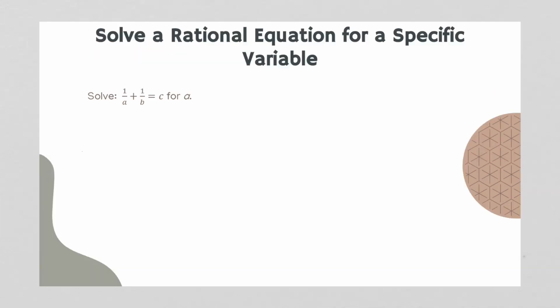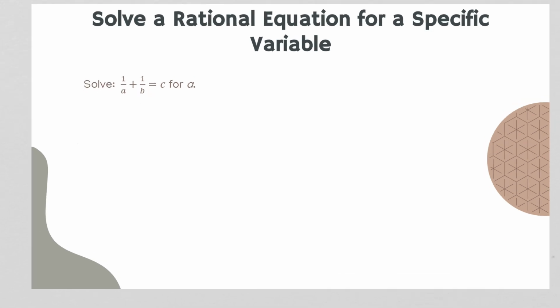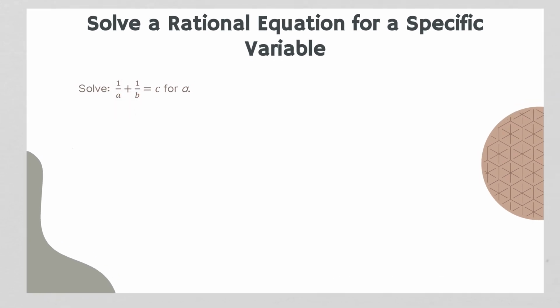Okay, so for this problem, we are solving for a, but it would be so much easier to get rid of the fractions altogether. So let's multiply by the LCD, which is ab, and see what happens. All right, so I'm just rewriting the problem. So we're going to multiply by ab.